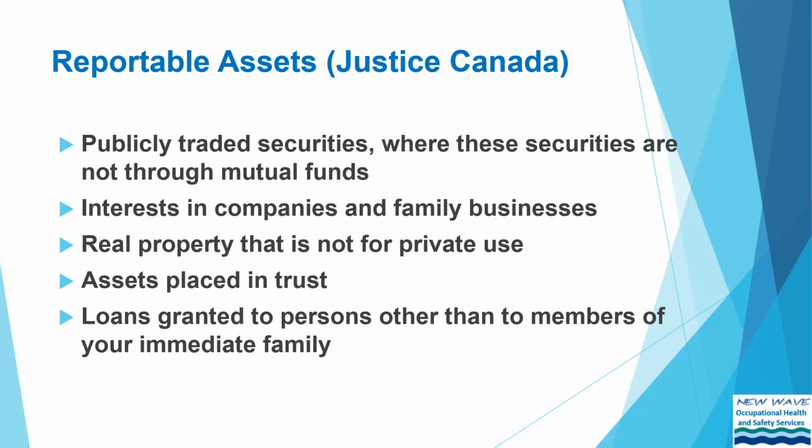Taking a similar but less quantitative approach, here are the Justice Canada rules. Reportable assets include publicly traded securities, when these securities are not through mutual funds, interest in companies or family businesses, real property that is not for private use, any assets you have in trust, and loans granted to people other than your immediate family.